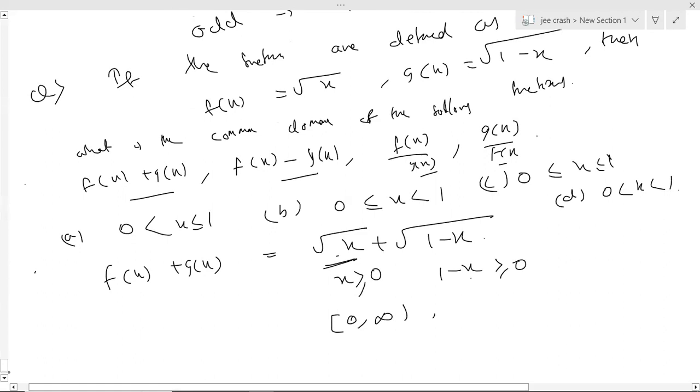And here we are getting x is less than 1. So minus infinite to 1, 1 included. So this will be 0 to 1, both will be included or not included? Included. Very good. Now f of x minus g of x.